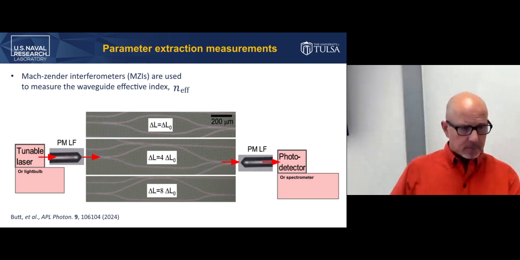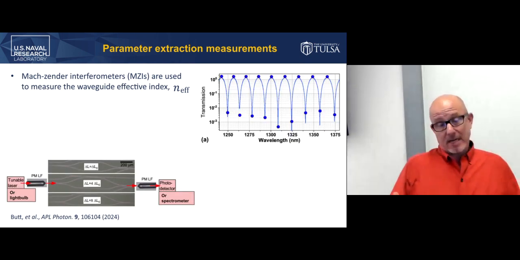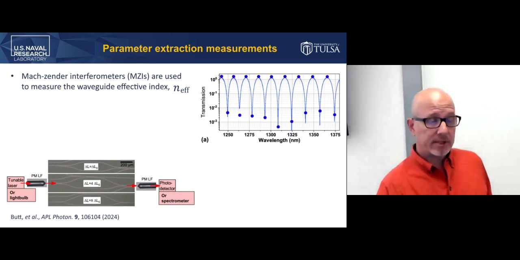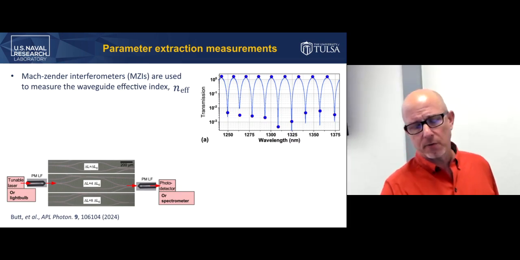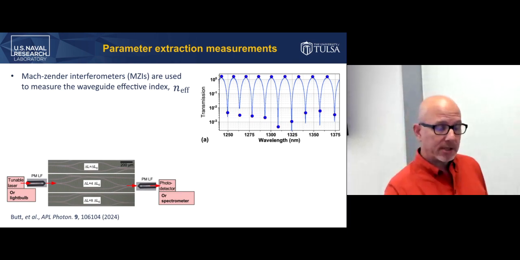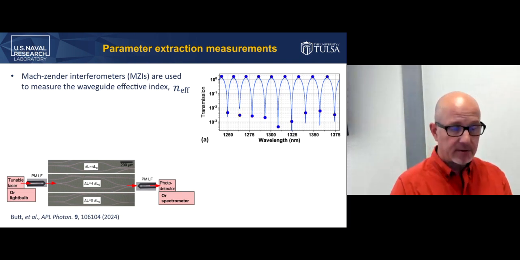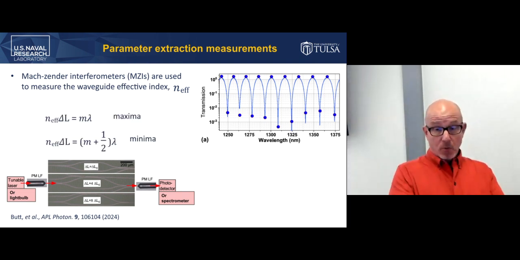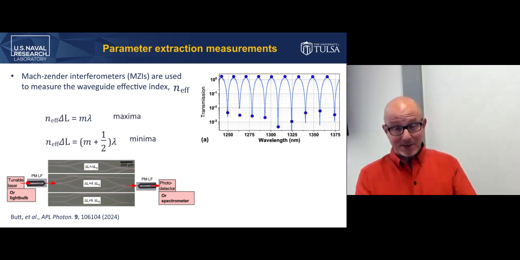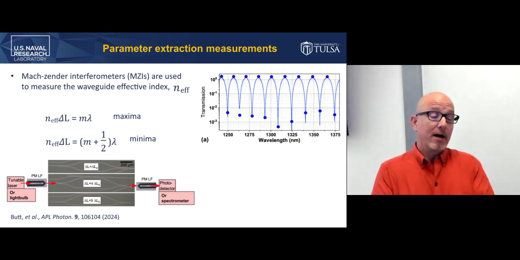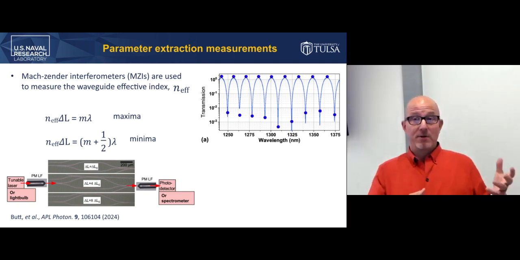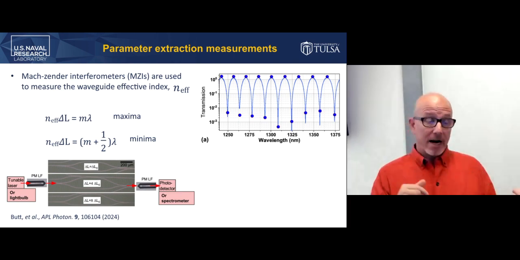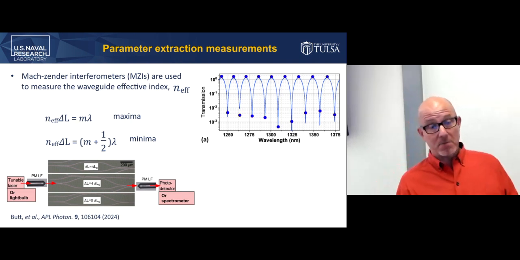Here's an example where we send in a tunable light source, between 1240 and 1380 nanometers, and what we see is constructive interference, destructive interference, constructive interference, etc. You learn about this in literally Physics 2, where you have optical path length differences equal to either an integer or half-integer number of wavelengths. You get minima and maxima.